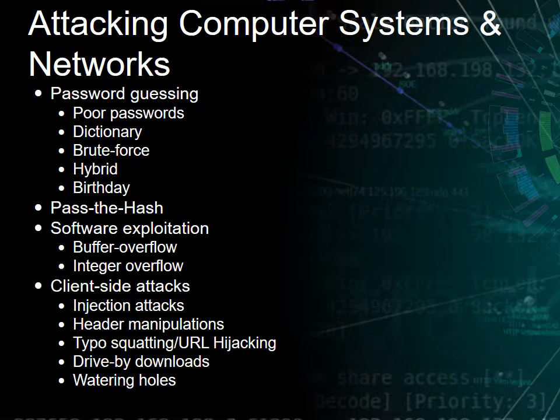Software exploitation, we've kind of covered this before too. Buffer overflows and integer overflows, basically creating numbers or data input that causes the buffer to overflow outside of what it was intending to hold in order to cause a piece of code to spill over into memory and execute.